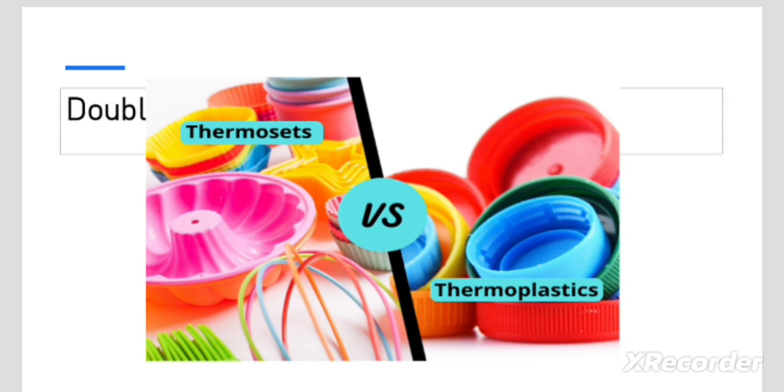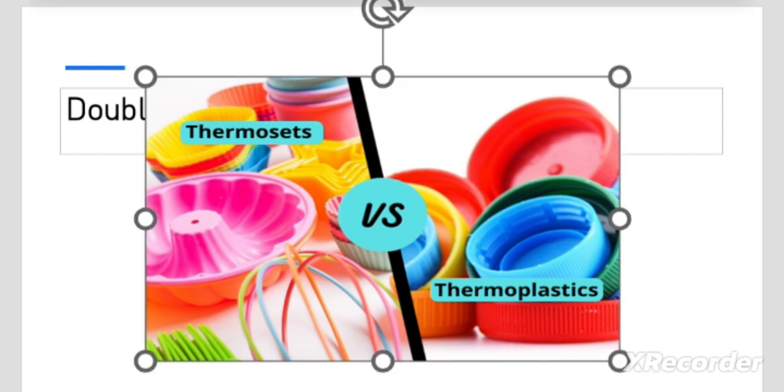First, thermosoftening plastics are generally formed by addition or chain polymerization, but thermosetting plastics are generally formed by condensation polymerization. Here you can see examples of both these plastics.